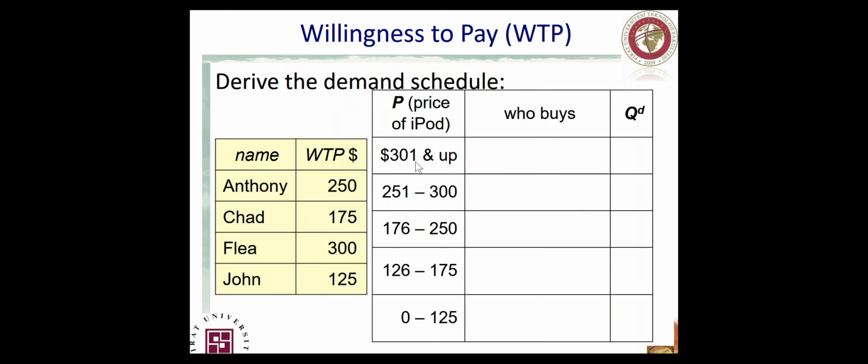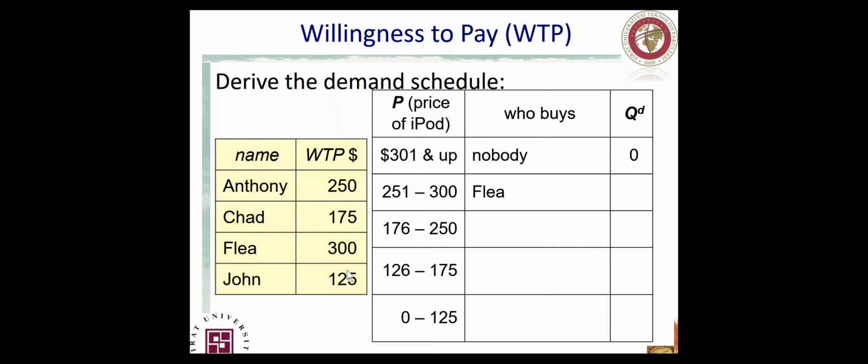Who's willing to pay? Nobody, and the quantity demanded is 0. No one is demanding any, because the willingness to pay of all of them is less than the price of the iPod.